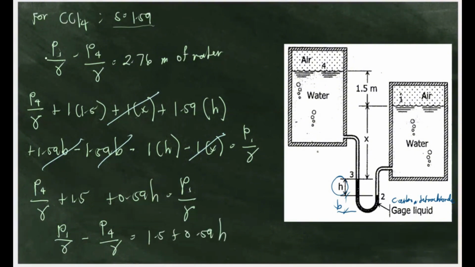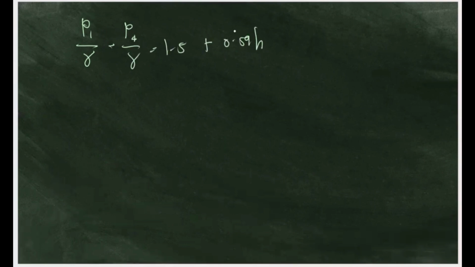Sabi, parehas lang daw ang pressure difference. So, P sub 1 over gamma minus P sub 4 over gamma is equal to 1.5 plus 0.59H. Ito yung kapag carbon tetrachloride. Kaso alam natin na itong P sub 1 over gamma minus P sub 4 over gamma, kung same yung pressure difference using head of water at mercury ang gamit, this is 2.76 meters, is equal to 1.5 plus 0.59H.